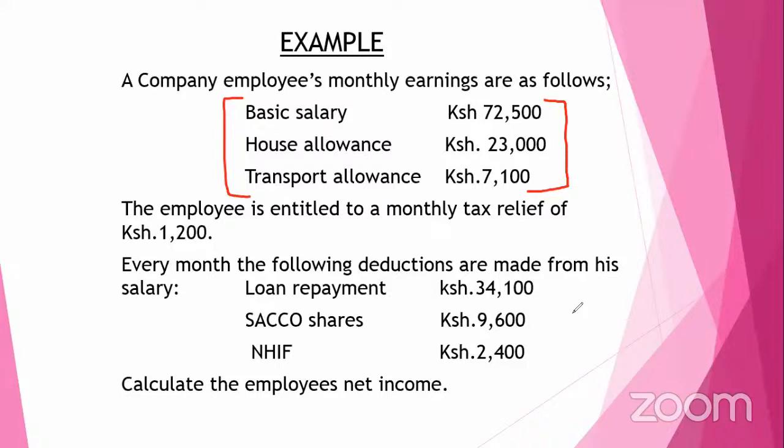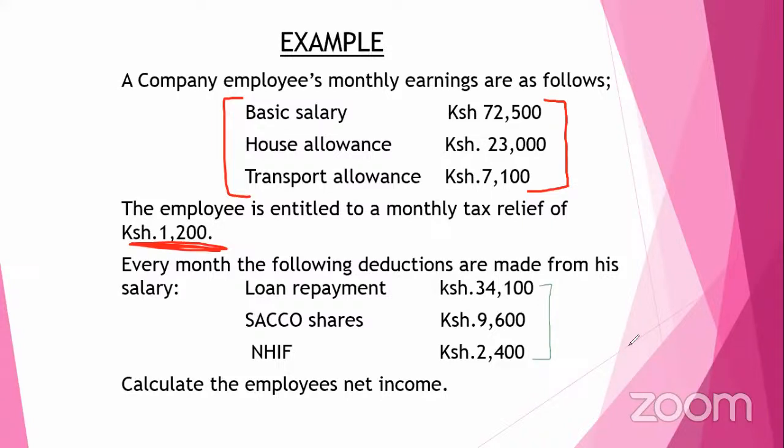Now you can see at this stage, we are not interested in either relief or deductions. I'm not interested in the relief, neither am I interested in deductions. My concern is just basic salary plus allowances. Now, this is what I was saying.